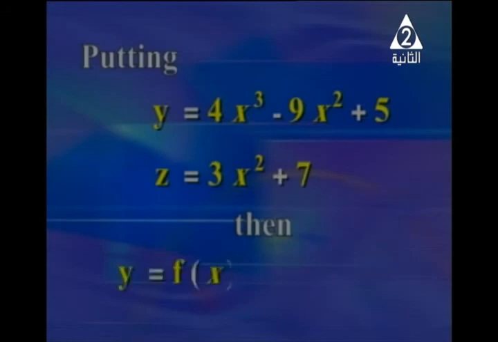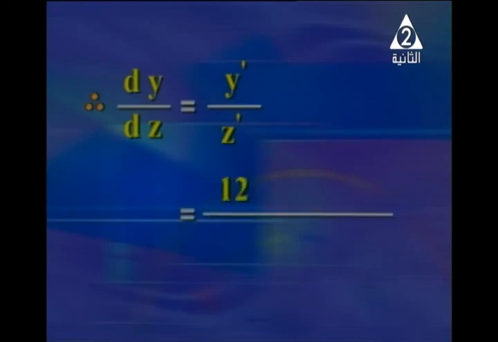Look, y equals f of x, z equals g of x, then dy over dz equals what? y dash over z dash, or dy by dx divided by dz over dx. What is dy over dx? 12x squared minus 18x.